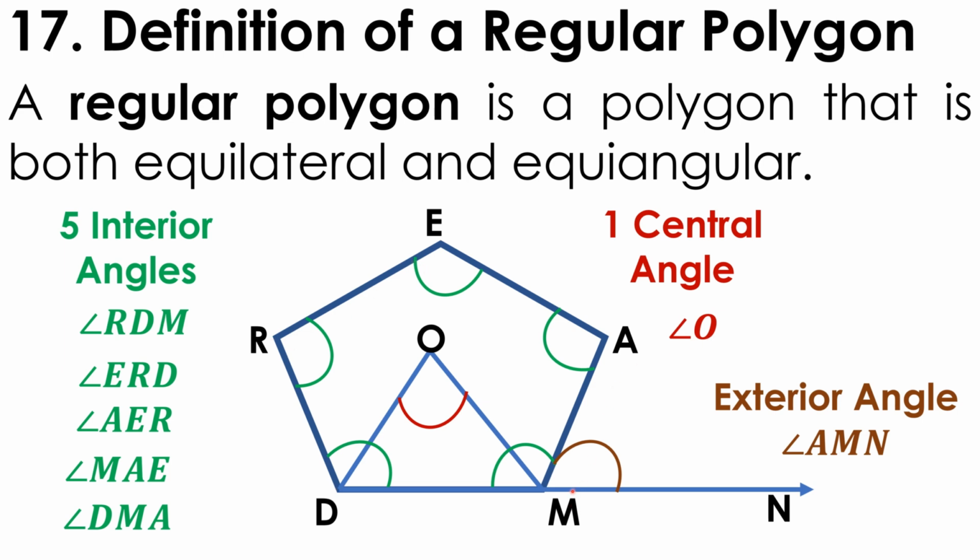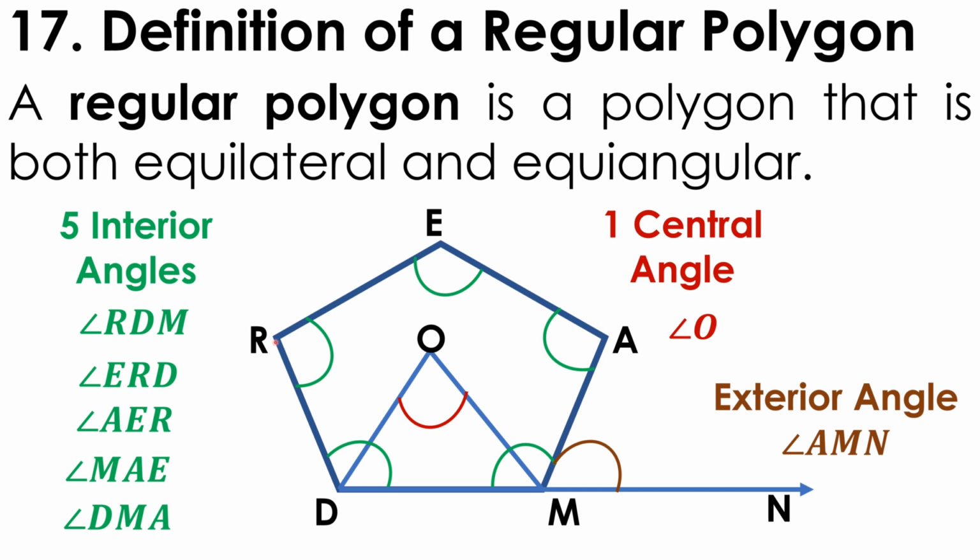The regular polygon DREAM has 5 interior angles. These are the 5 interior angles: angle RDM, angle ERD, angle AER, angle EAM or MAE, and angle DMA. So these are the 5 interior angles, and these angles are equal. Also, the polygon DREAM has 5 equal sides.